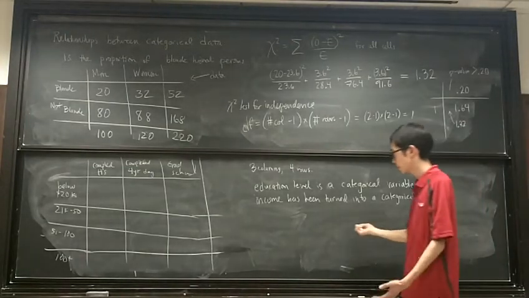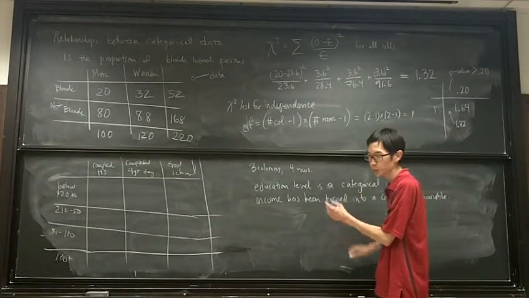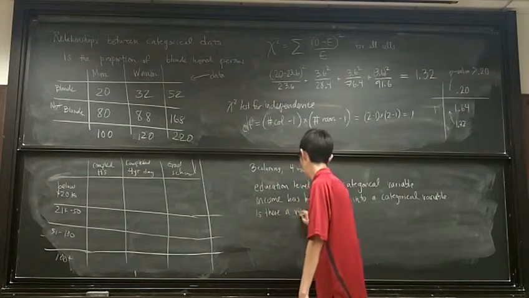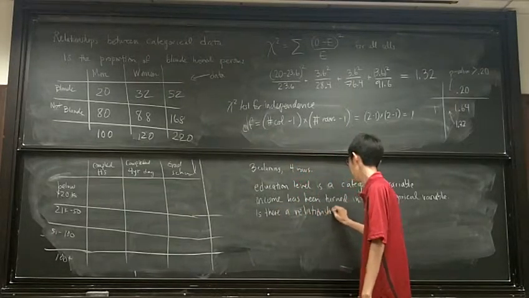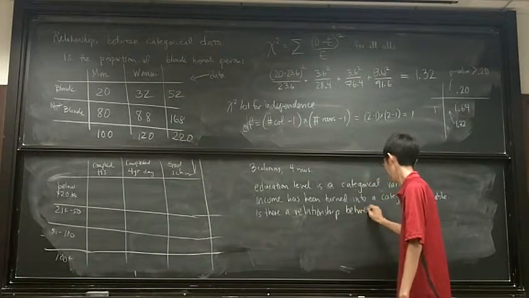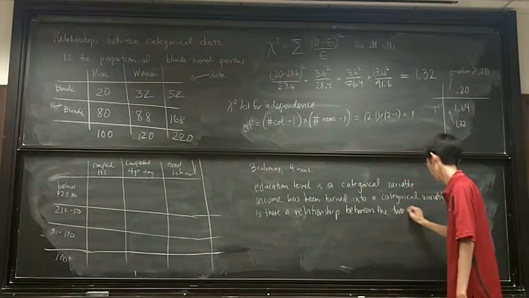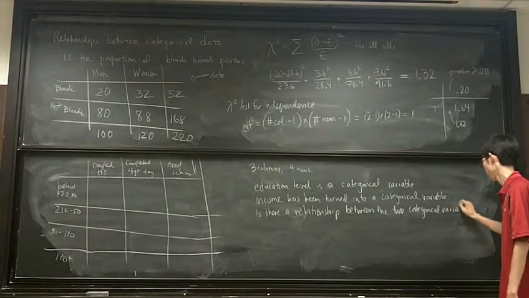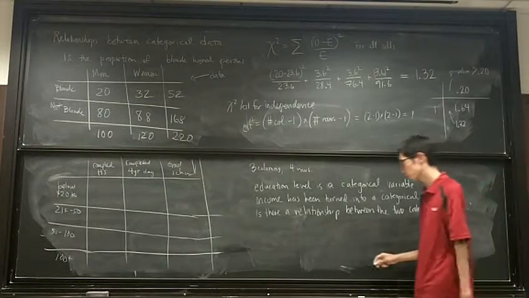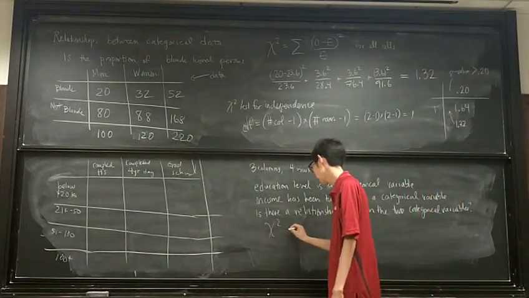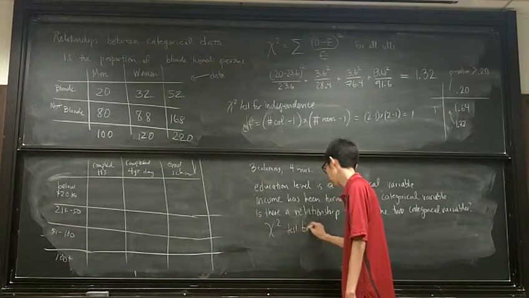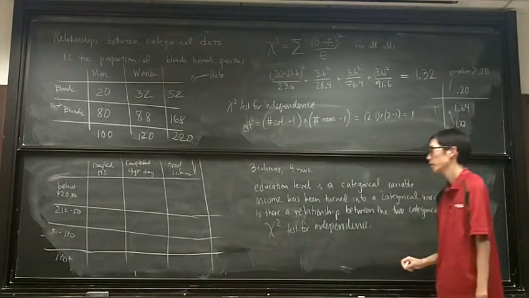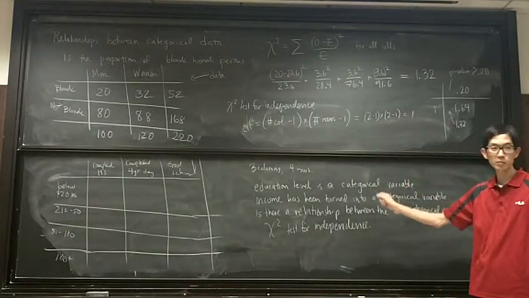And so we're seeing if there's a relationship between two categorical variables. So we would use the chi-square test for independence. Okay, so that's still totally valid. Chi-square test. And the process is exactly the same.